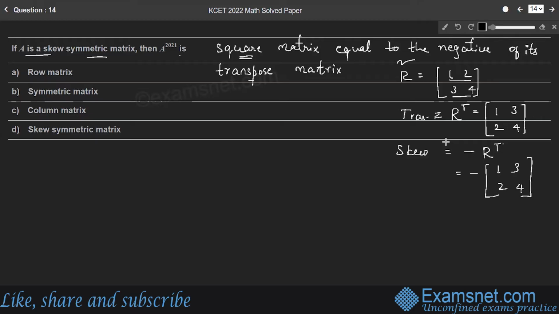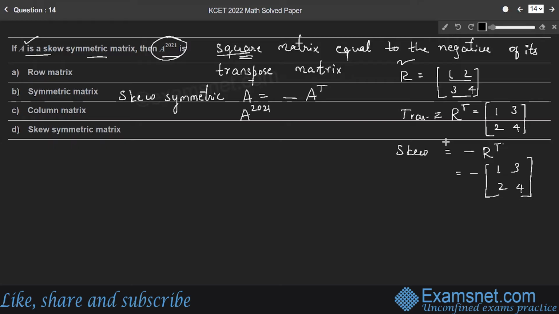Here A is a skew symmetric matrix, then A raised to 2021 is. We consider skew symmetric matrix A, which by definition is equal to the negative of its transpose matrix, minus A T. We'll consider A raised to 2021.